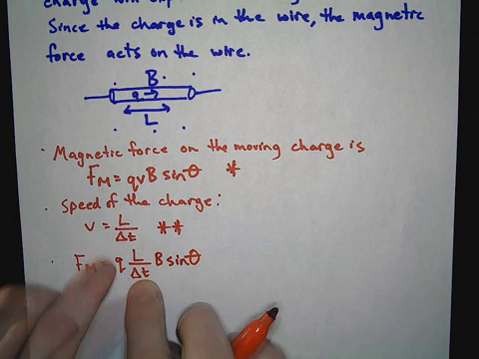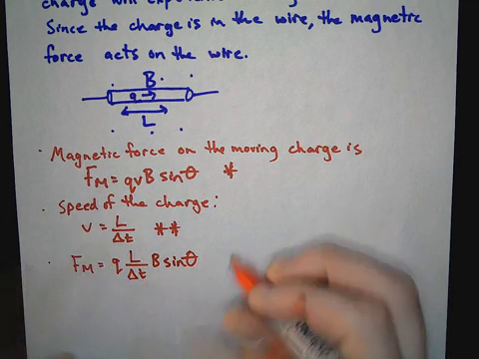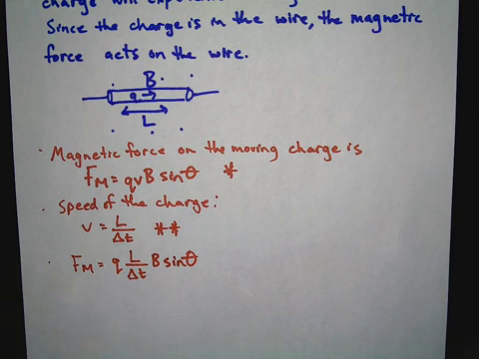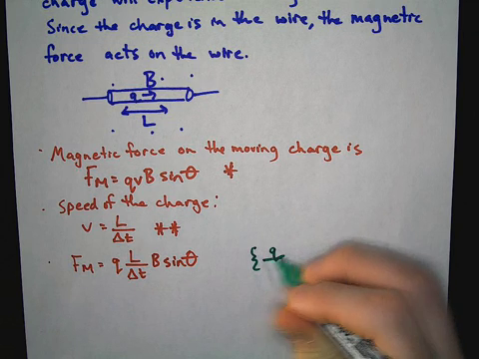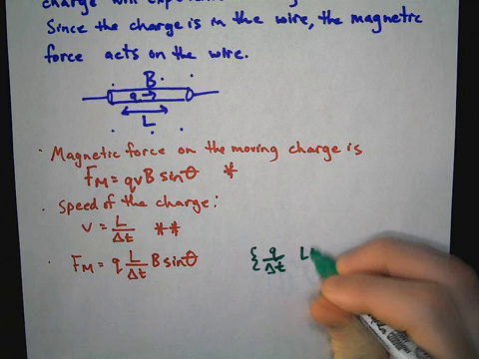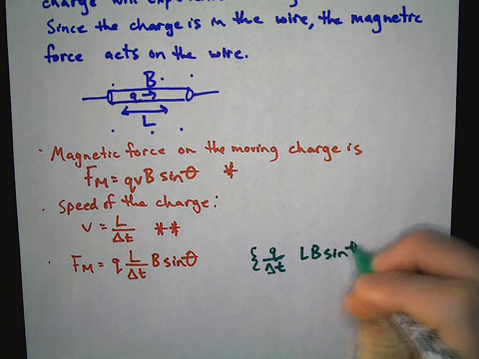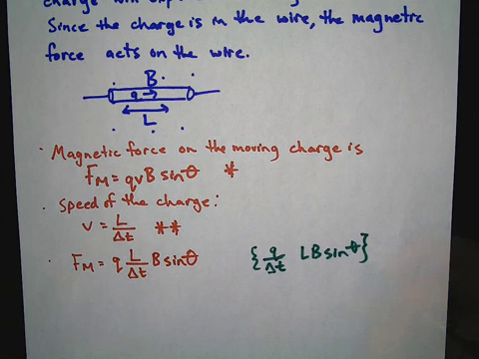But notice we can rearrange this a little bit. We could have this written as Q over delta T times L B sine theta. But Q over delta T is exactly the same as our current.